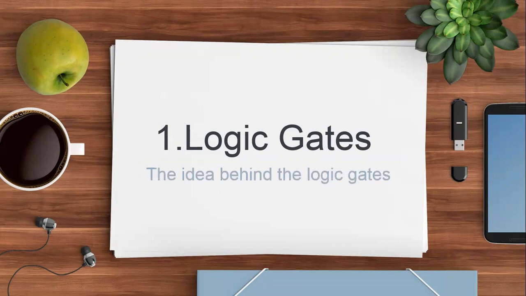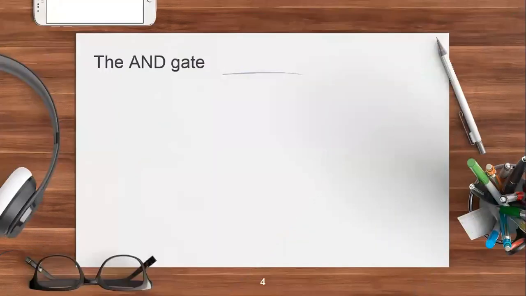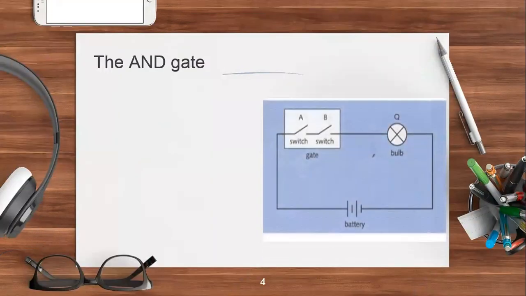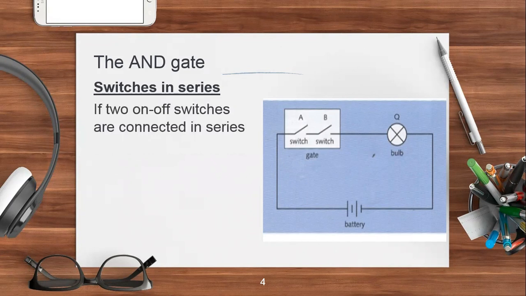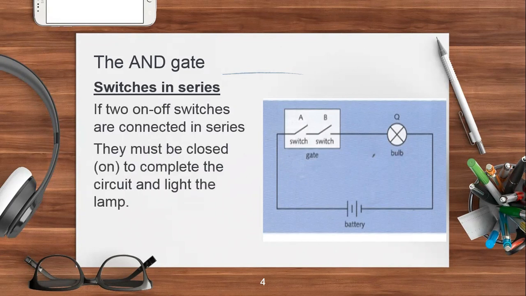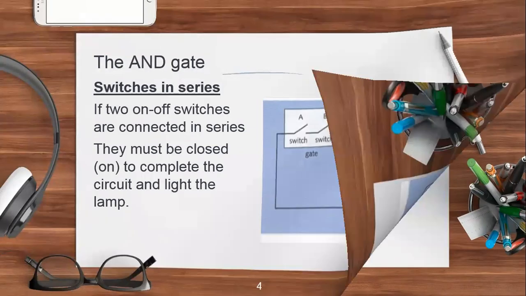The idea behind the logic gates. The AND gate. This is the connection or circuit of the AND gate. Switches are connected in series. If two on-off switches are connected in series, they must be closed or at on position to complete the circuit and light the lamp.